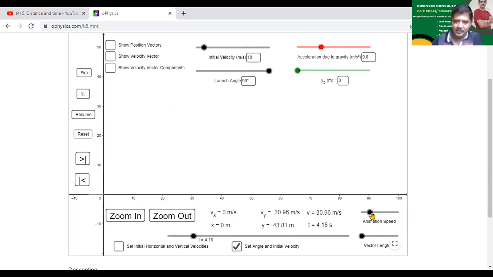Let me reduce this animation speed. I think this would be fine. Yeah. Let me put it across. Oh, I missed it. 3, 4, 5.1. Yeah, 5.1.